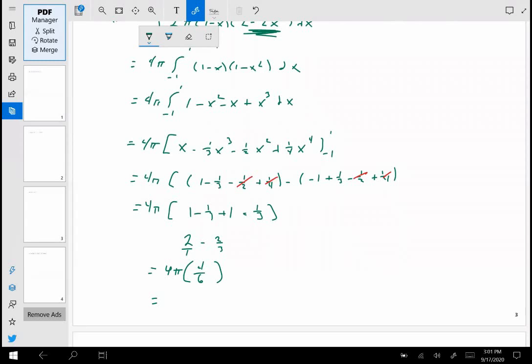Why did I write 4, 6? I know that's not right. It's 4/3. So 16 pi over 3.